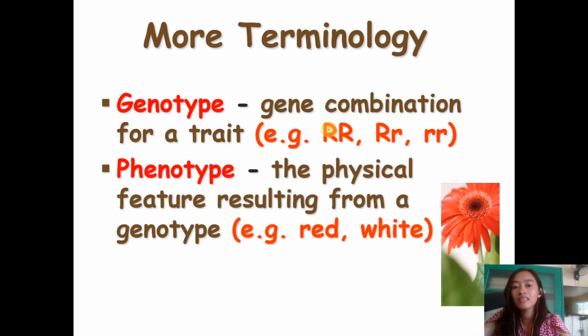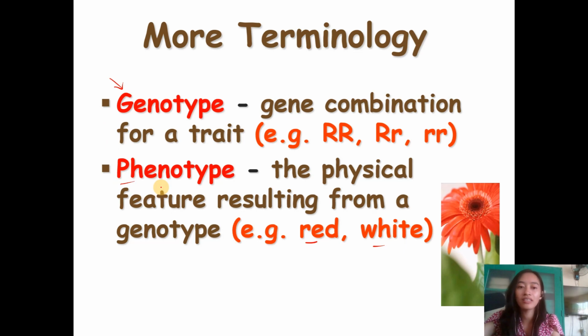These letter combinations are the genotypes, which are the specific gene combinations. And the physical manifestation, the one that we can see, for example the color of the flower, which could be red or white, is termed the phenotype.